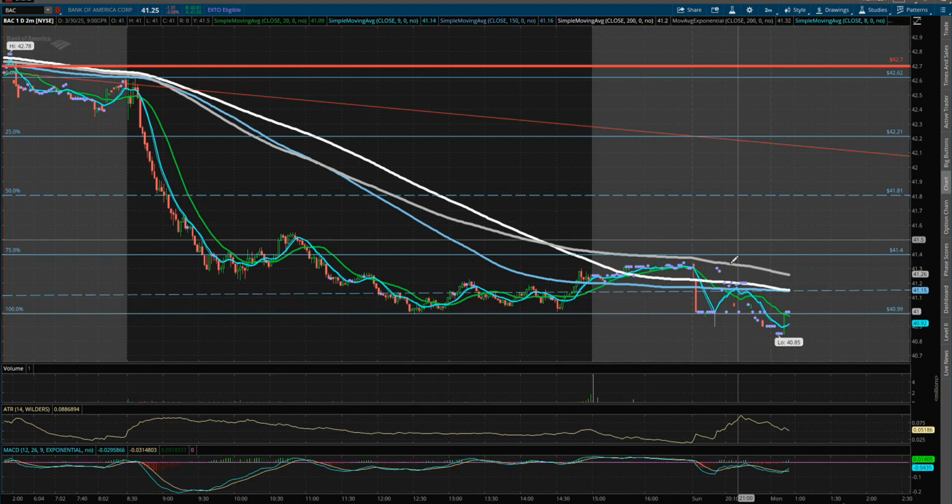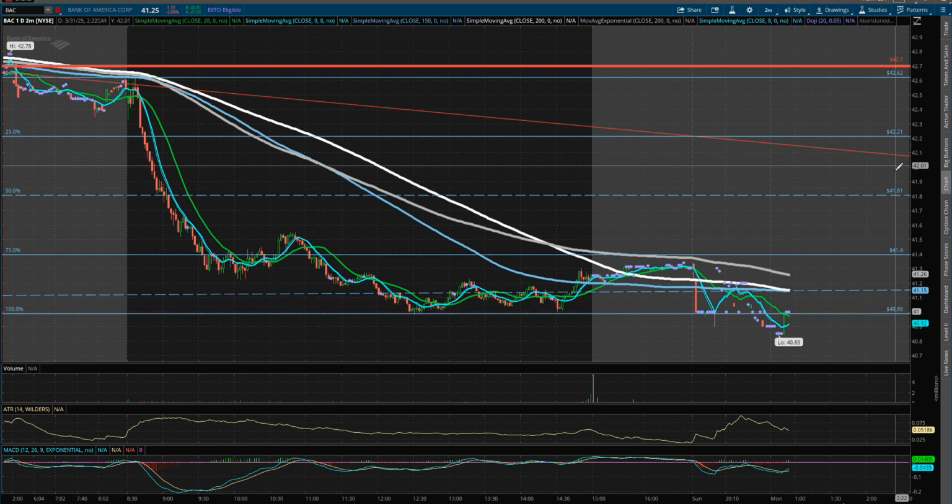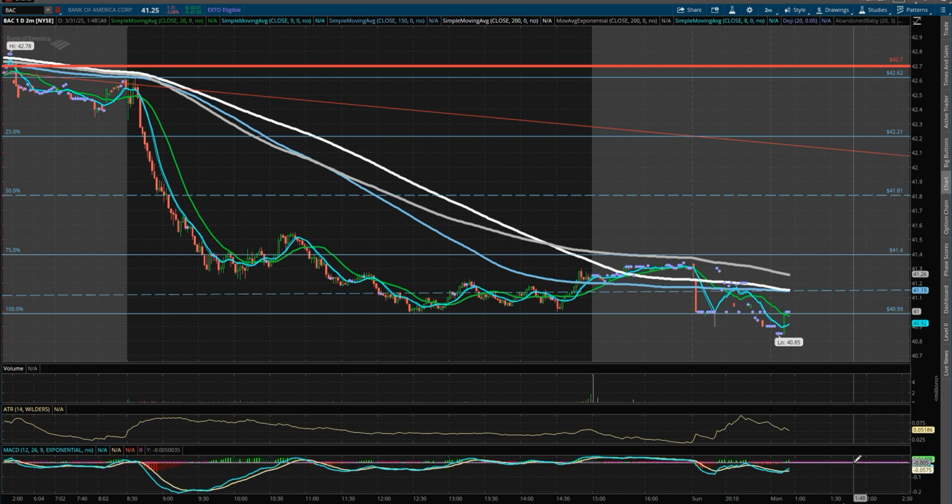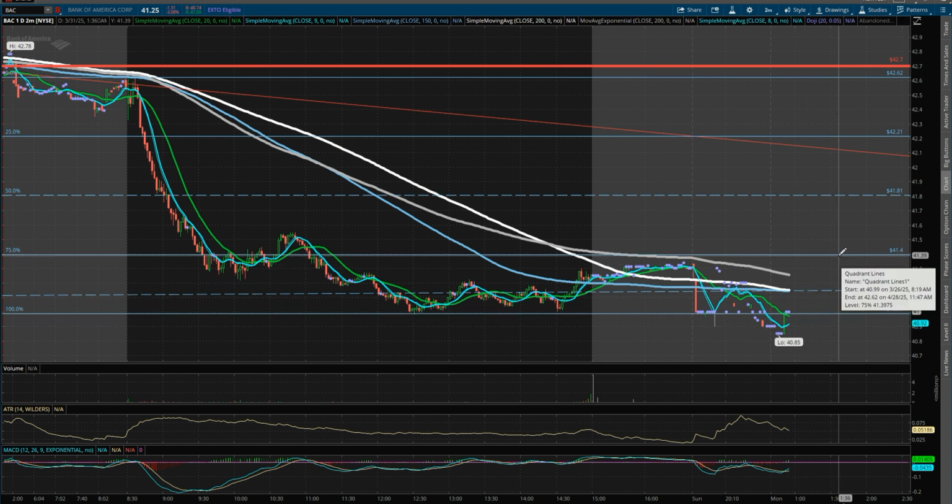So let's go here. What we could do, we can buy 25 here, 25 here, 25 here, 25 here, and hope it continues to sell off. Or we can just wait for the pullback, because we know we're going to get a pullback into here somewhere, and then buy it up in here for a whole purchase of 100 shares.